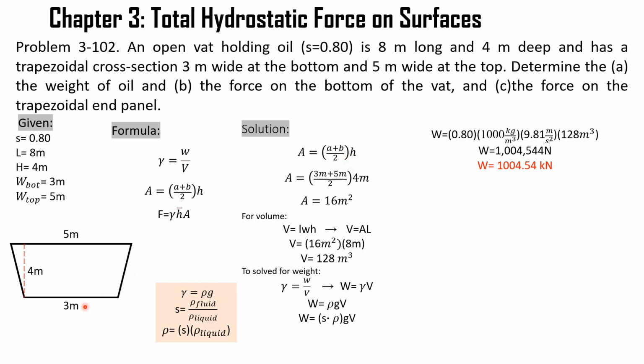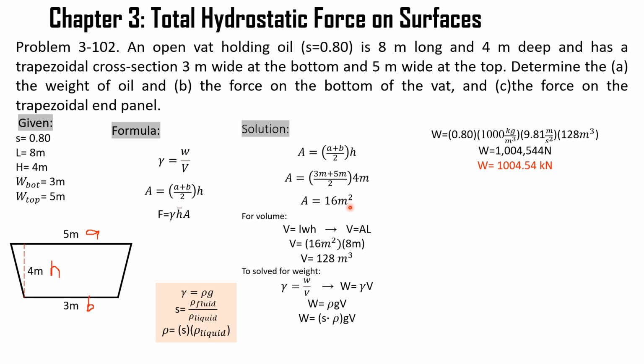Given this illustration, 3 meter wide at the bottom is our base, so set as B. 5 meter wide at the top is our A, and 4 meter deep is the height of the trapezoid. Substituting this given to our formula, area is equal to 3 meter plus 5 meter all over 2 times the height, which is equal to 4 meter. So area is equal to 16 meters squared.